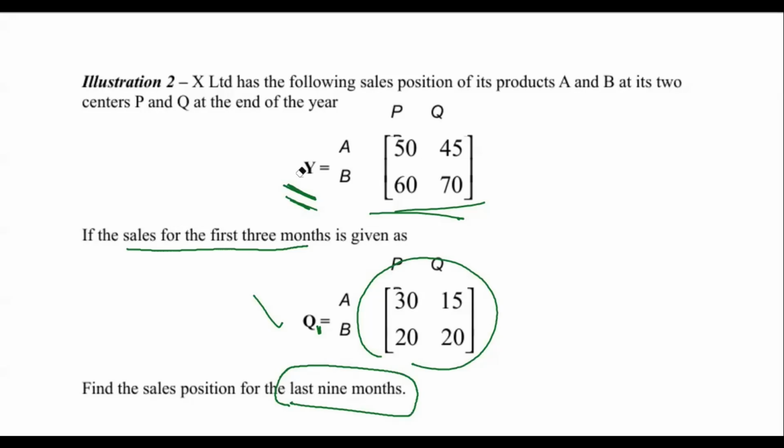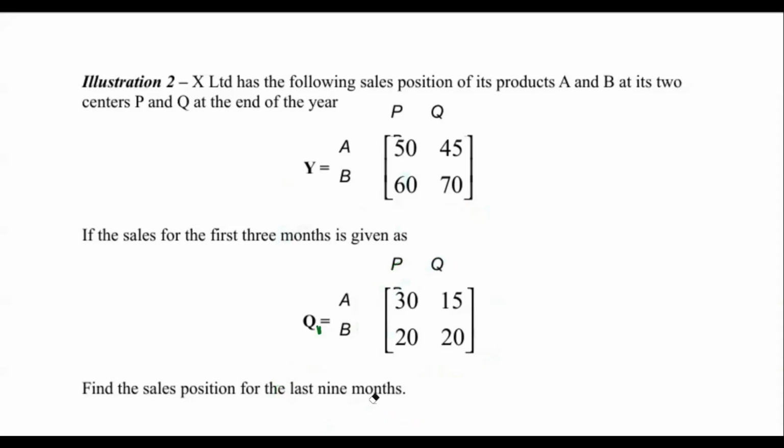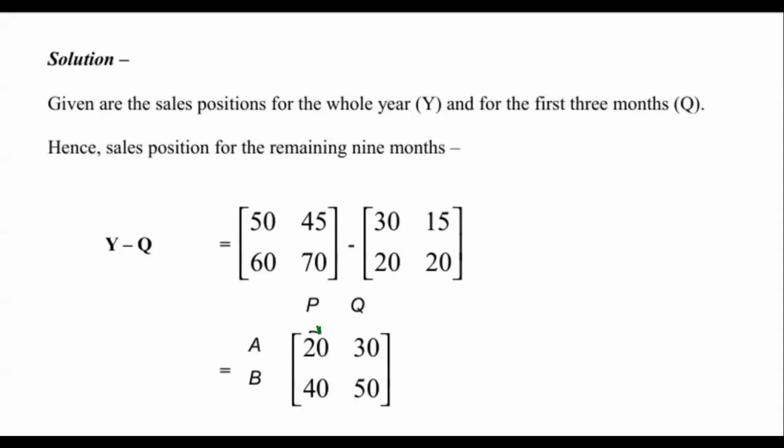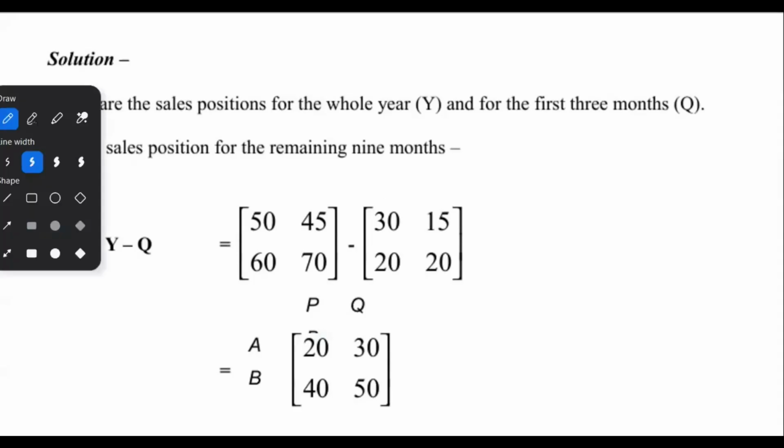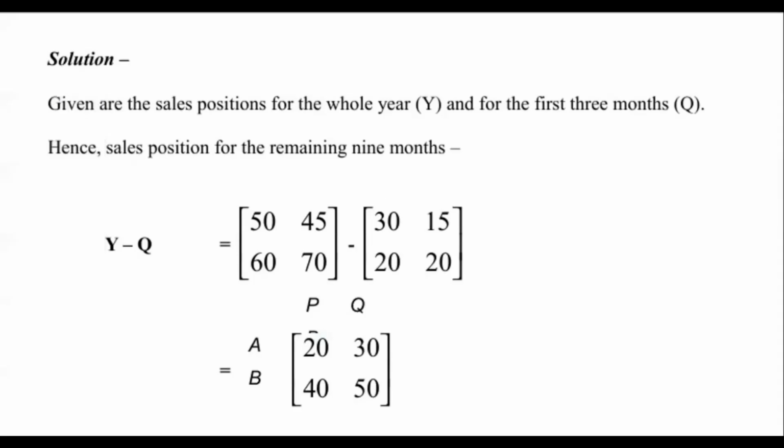So what do you do? Well, you just do a simple subtraction, taking Q subscript 1 away from the yearly figure. You have subtraction, and that's what you get. Subtraction is very similar to addition.